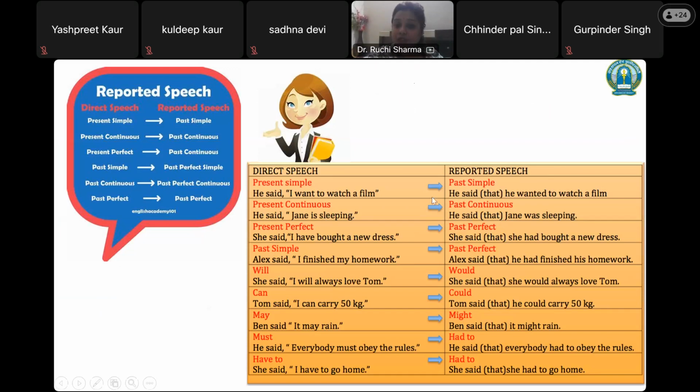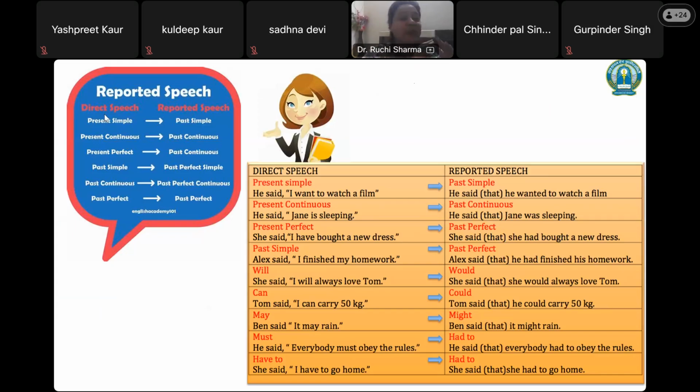So whenever you are converting these sentences, you have to understand reported speech from direct speech, because when I am talking to you right now in the classroom, I'm using present tense. But if you are going and telling it to a third party, which is reported speech, it will always be in past tense. So are we sorted that anything that is in the present tense will be converted into past tense? A very funny example is that "Aao behan chugli kare" sort of a thing is always done in past tense.